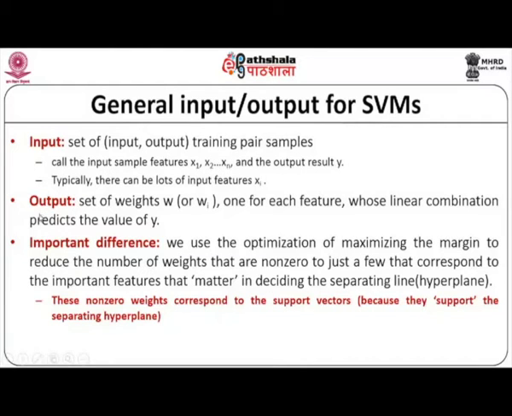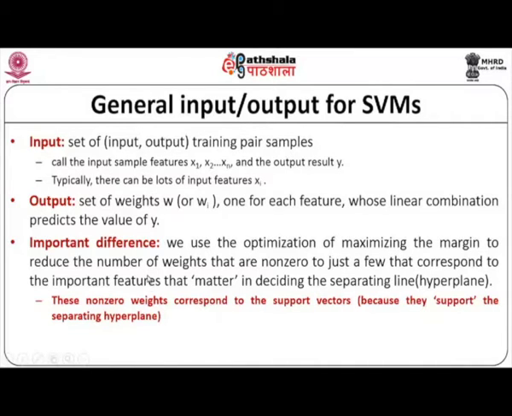The output is going to be a set of weights which indicate a weightage to a feature, and it is this feature which may help in predicting the value for y. Here y may be the class label which we are trying to predict for a given data, and this class label will be decided based on the weights associated to a set of input features, and these input features are going to be considered key features.